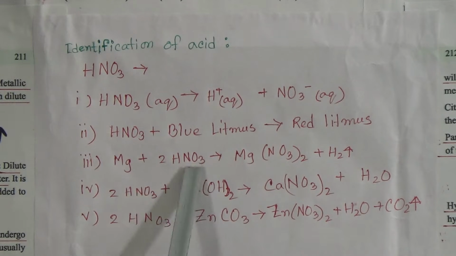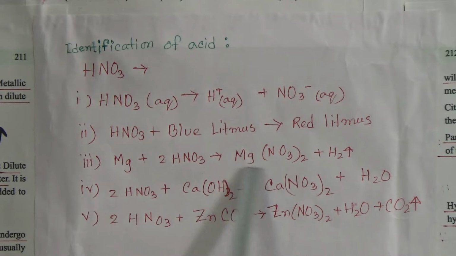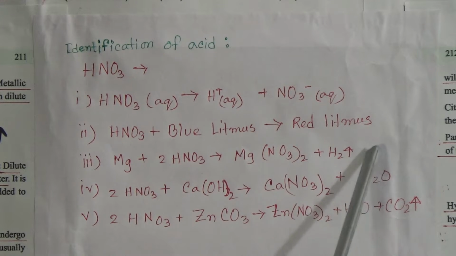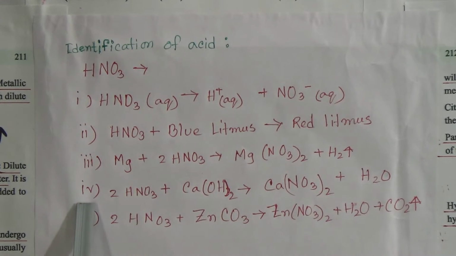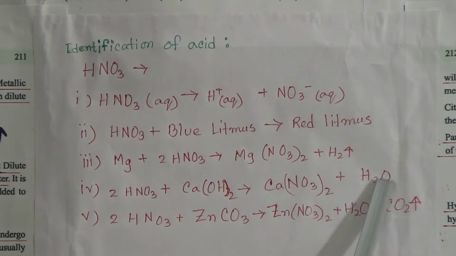Nitric acid when reacting with magnesium, that means a metal, produces salt and hydrogen gas, magnesium nitrate and hydrogen gas. Now when nitric acid reacts with alkali or metal hydroxide, that means calcium hydroxide, it produces salt and water, that means calcium nitrate and water.